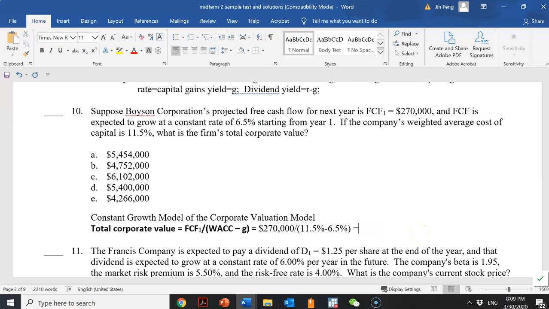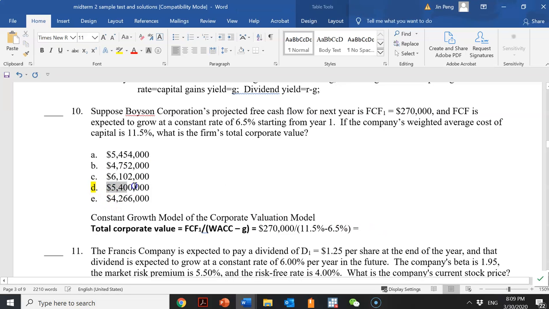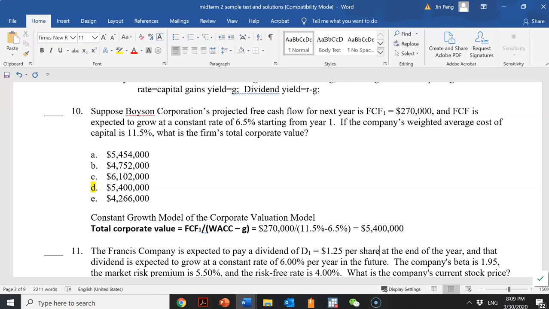We should have option D, 5,400,000 as the total corporate value.